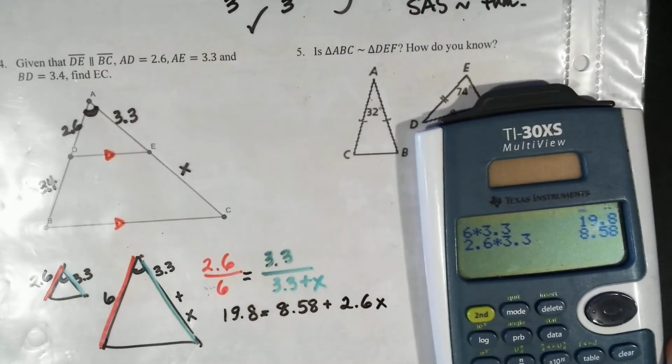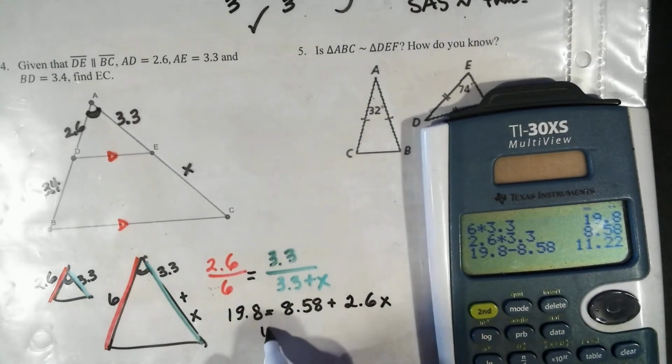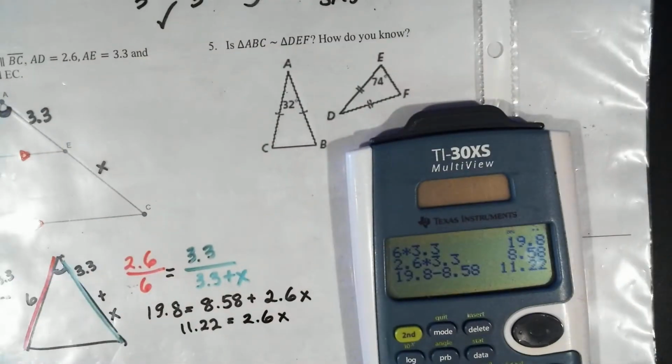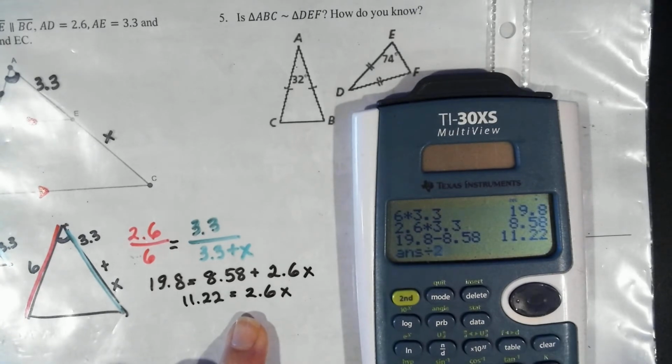So we're going to subtract 8.58 from both sides, and we're going to get 11.22. And then we're going to divide both sides by 2.6, and it'll give us 4.3.